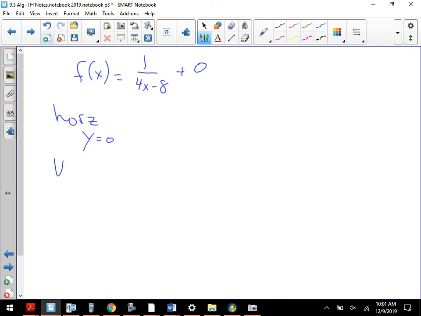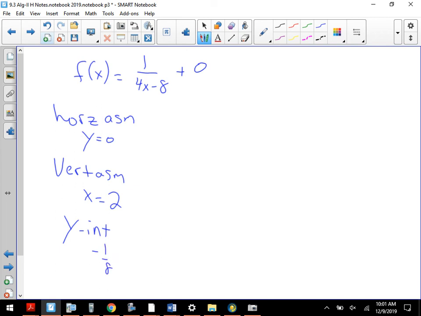Your vertical asymptote is going to be at x equals 2. Okay, 0 denominator. And then from there, if you wanted to get your y-intercept, if you put 0 in for x, you get a y-intercept at -1/8.